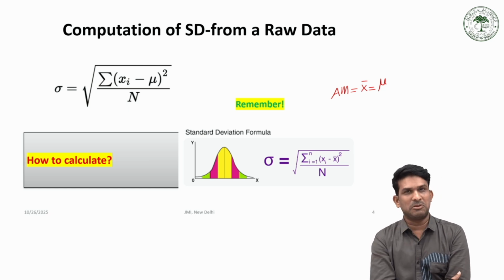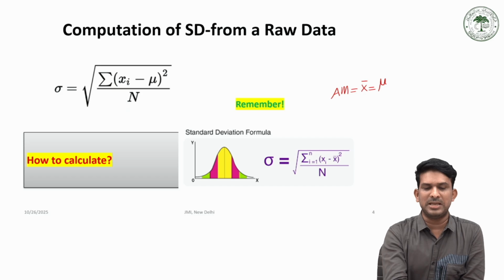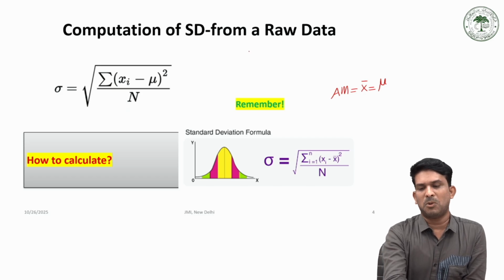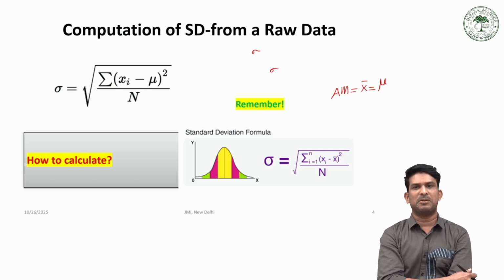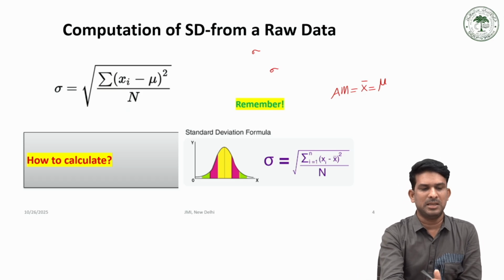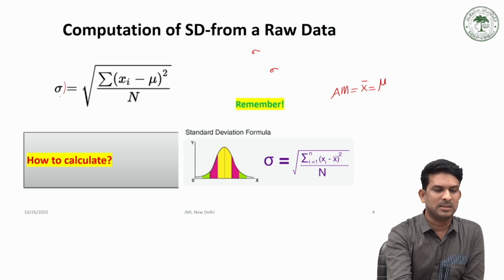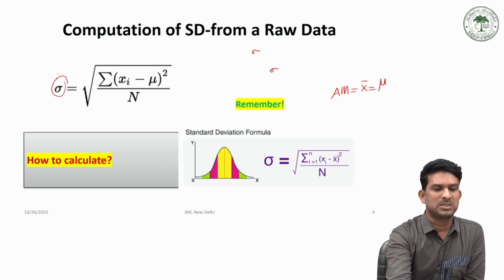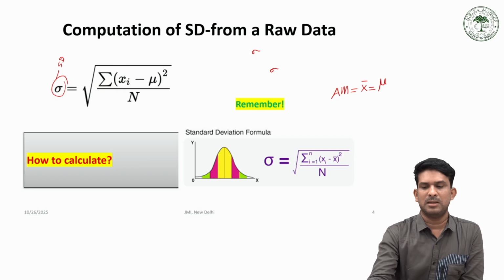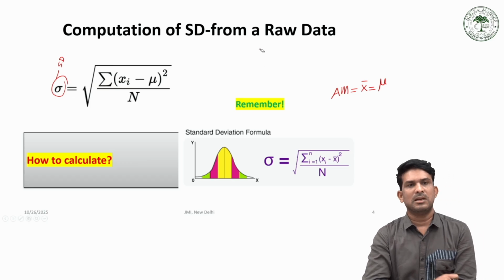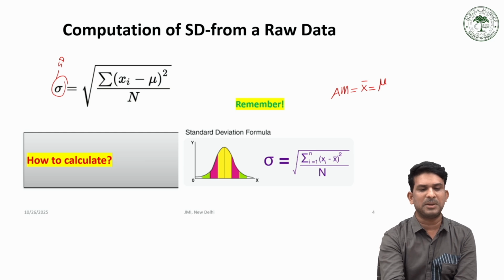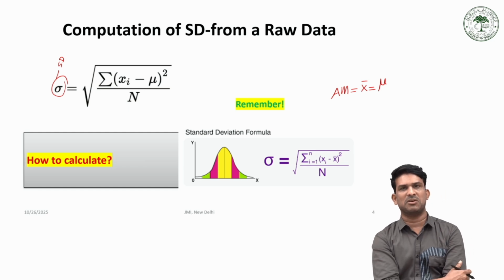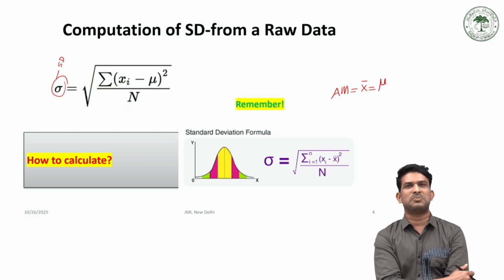So remember, standard deviation is represented through small sigma. You got clarity, right? See, this is simple for standard deviation. Okay, so let me rub out the other two. Clear? So standard deviation is the square root of arithmetic mean of squares of the deviations of observations from their respective arithmetic means.